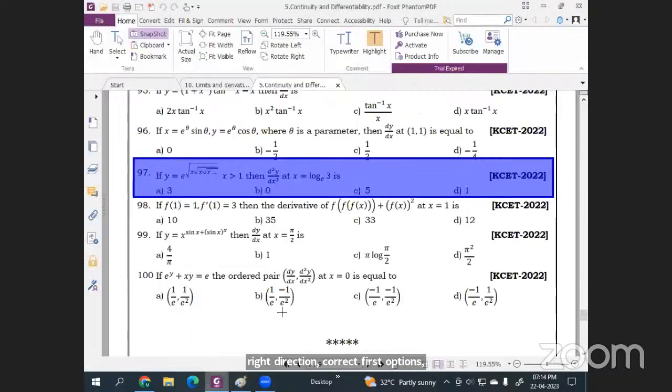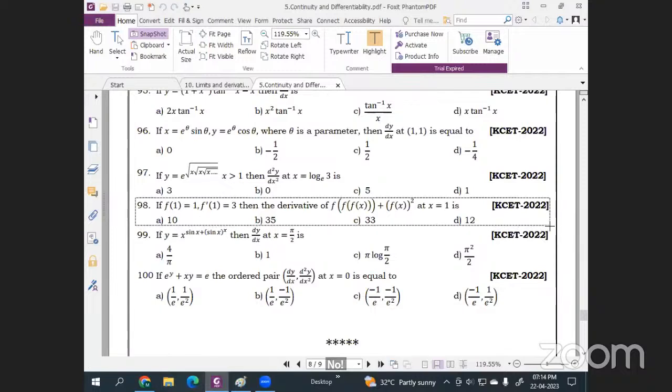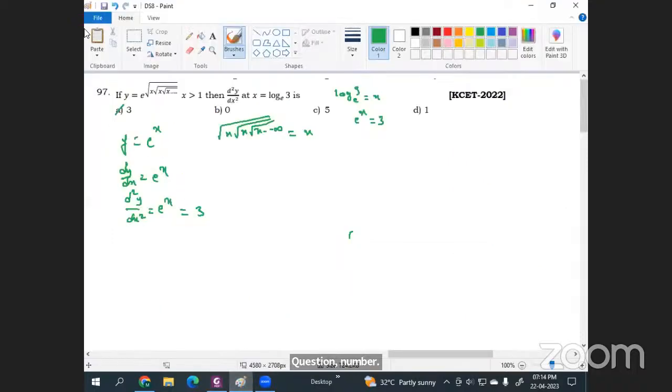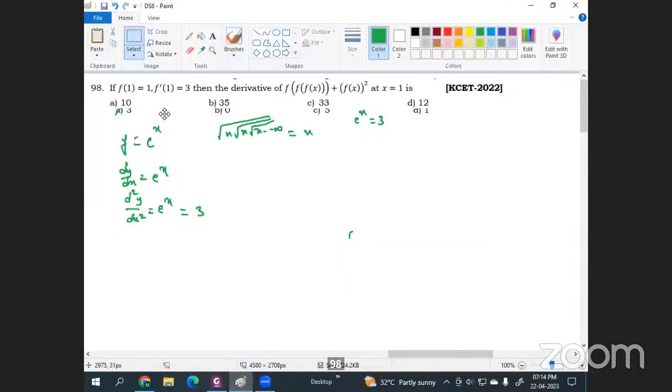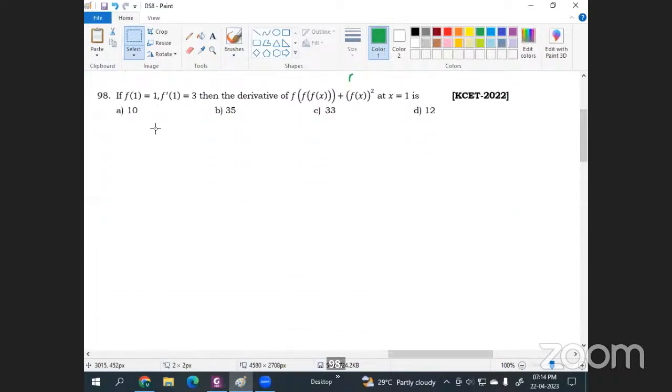Next. Now, question number 98. Right. If f of 1 equal to 1, f dash of 1 equal to 3, then the derivative of f of x plus f of x whole square at x equal to 1.